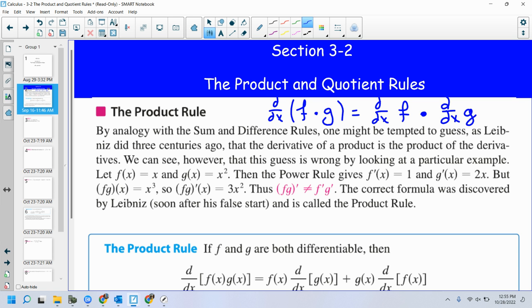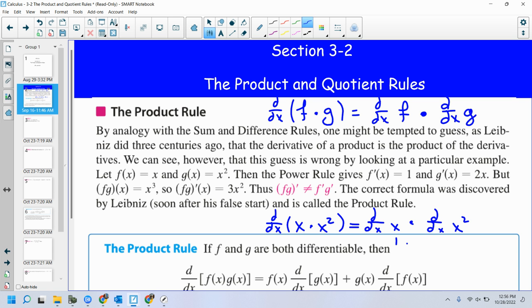For example, let f be x and let g be x squared. That would make d over dx of x times x squared be d over dx of x times d over dx of x squared. Well, what is the derivative of x? 1.